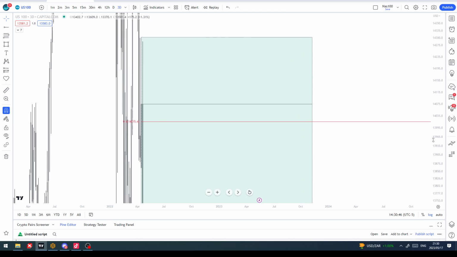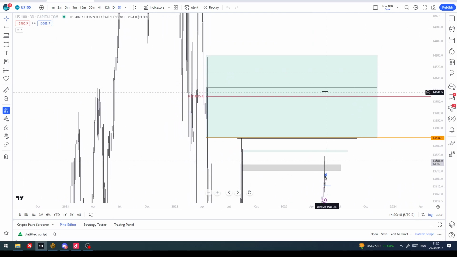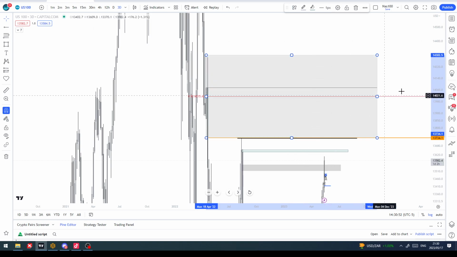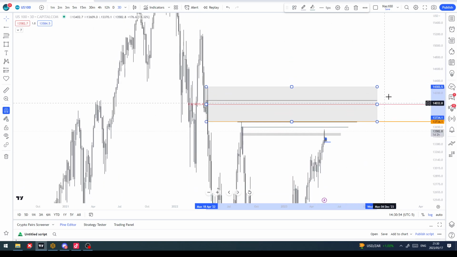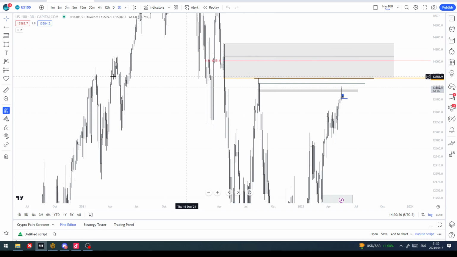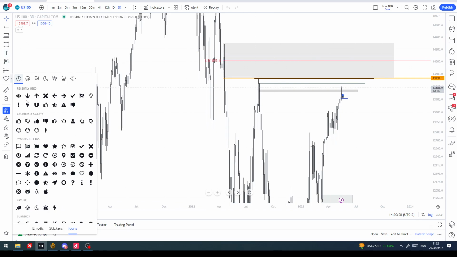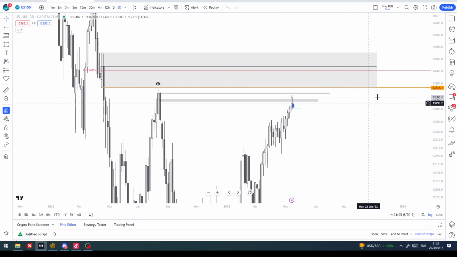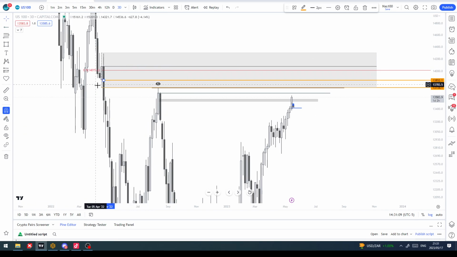So now we have quite a huge level here, a demand supply zone, and just above the 50%, taking out the inducement liquidity. So eyes obviously on here. The orange is the tap of the weekly order block, and the second interesting level is the body of the candle block, order block there, down there.